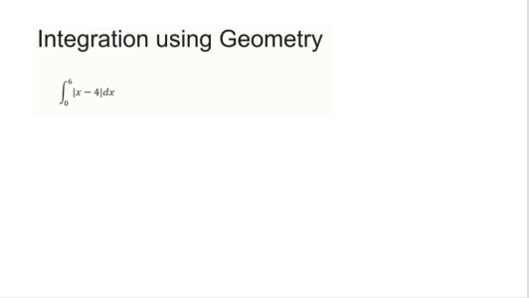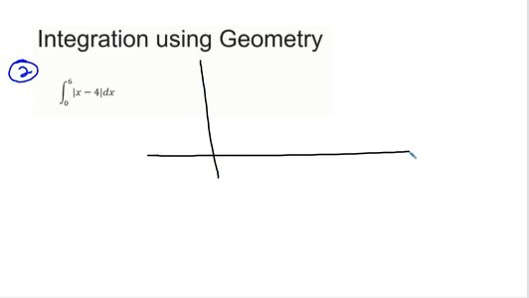Now, this one requires a little bit more thought. We'll call this one example 2. This is the integral of an absolute value function. And we know that this absolute value function has been shifted to the right 4 units.